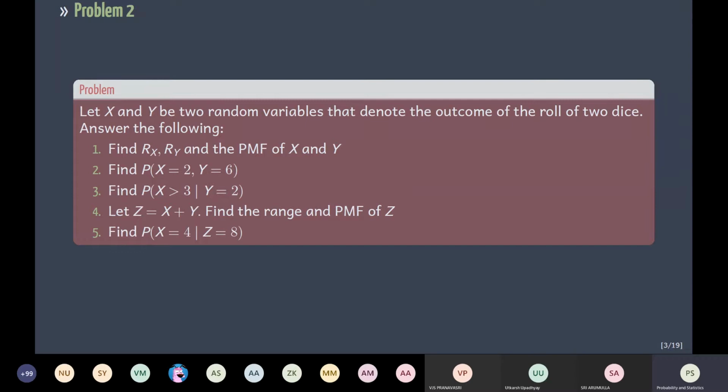So the first few questions are rather straightforward and similar to what we did before. It is very simple to note that this is a simple experiment where you have a roll of two dice. So what I can do is move to the next page and start solving this.